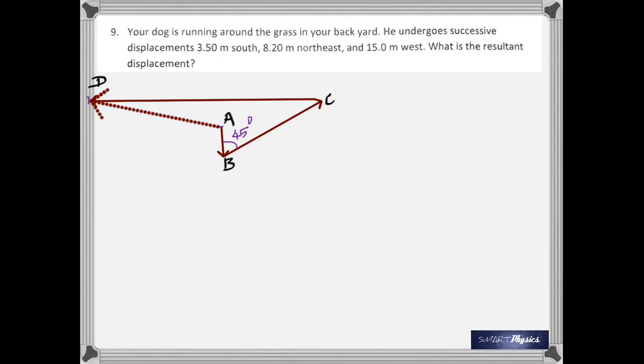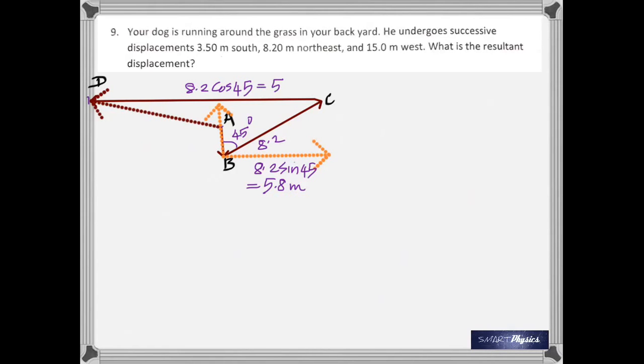So we got to find AD. The idea in this case is to split each displacement into the x and the y components. Now AB is completely along the y, negative y. So the only one we have to split here is actually 8.2, which is resolved into 8.2 sine 45 and 8.2 cos 45. Both of them have the same value.